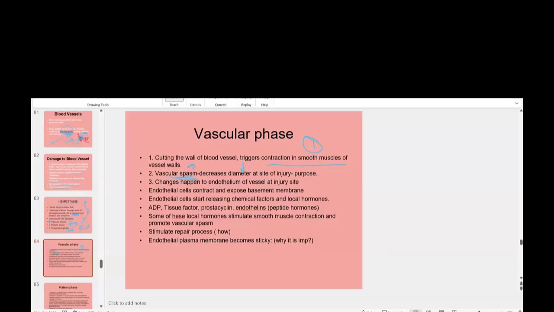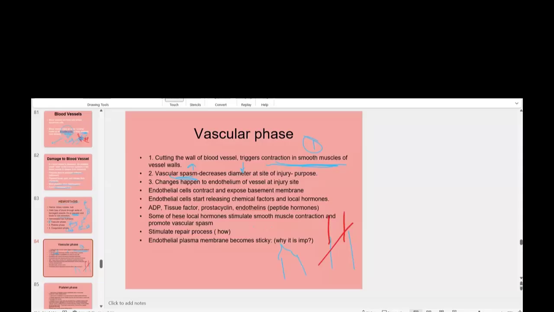And what is the purpose? Suppose here is a blood vessel and it is cut. If you allow it like this, a lot of blood will be lost. So we are going to have contraction of the smooth muscles and vascular spasm so that the blood vessel will constrict, vasoconstriction, so that less blood will flow out.